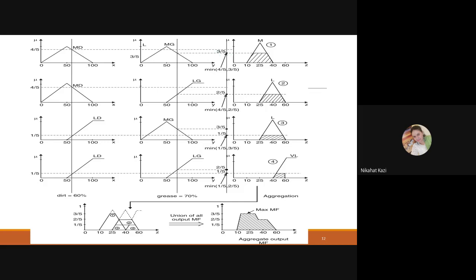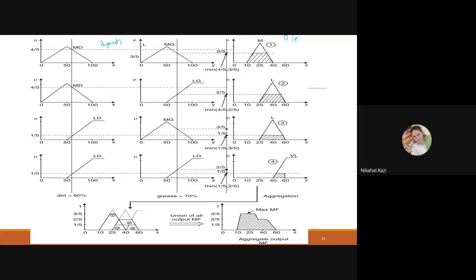These are the inputs, and this is the output. Whatever minimum you get from these two values, 4 by 5 and 3 by 5, what is the minimum? 3 by 5. So 3 by 5 you are going to use, and you're going to clip off this.